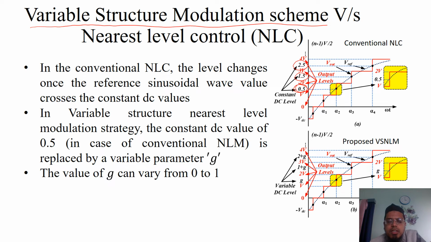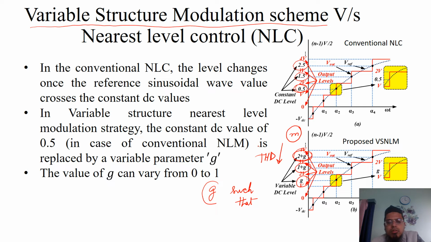They are taken to be variables like 0.5 plus G, 1.5 plus G, and so on. If that is the case, our intention is to find the value of G such that the THD obtained is minimum for every value of modulation index M.